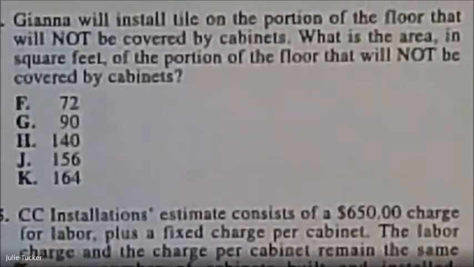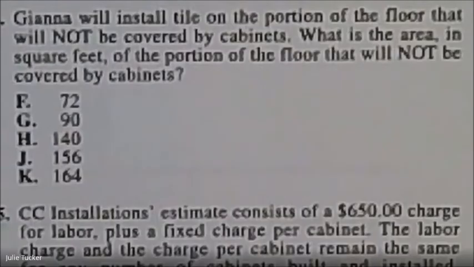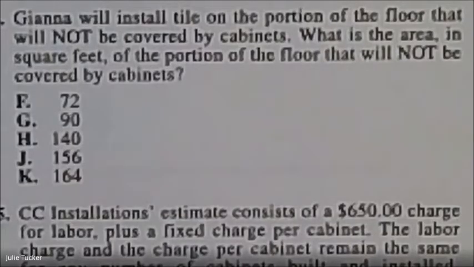Gianna will install tile on the portion of the floor that will not be covered by cabinets. So that means the cabinets are going to sit on the floor and the tile is going to go all the way up to that spot, but not where the cabinets are. What is the area in square feet of the portion of the floor that will not be covered by cabinets? So it's the part that's going to get tile that they're asking about.